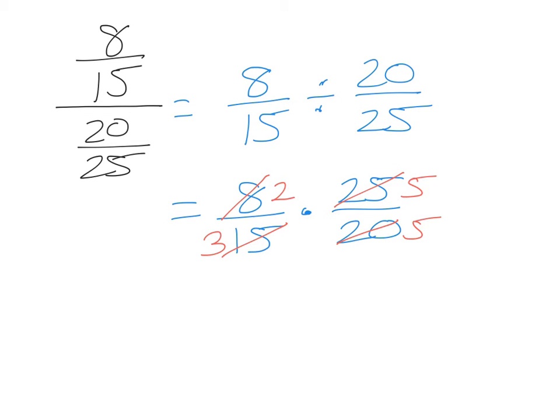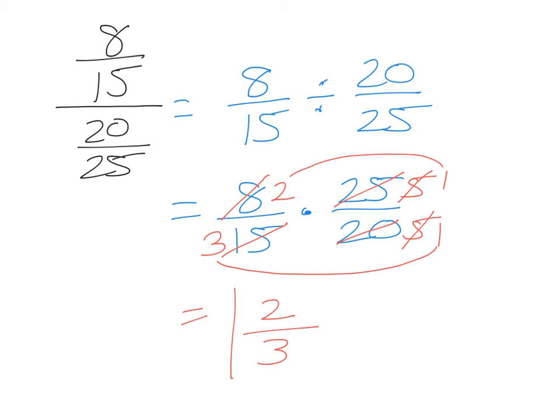And look at this, I've got a 5 on top and a 5 on the bottom, which actually cancel themselves out, but we're going to put a 1 to it. So what I end up with is 2 times 1, which is 2, over 3 times 1, which is 3. So my answer is 2/3.